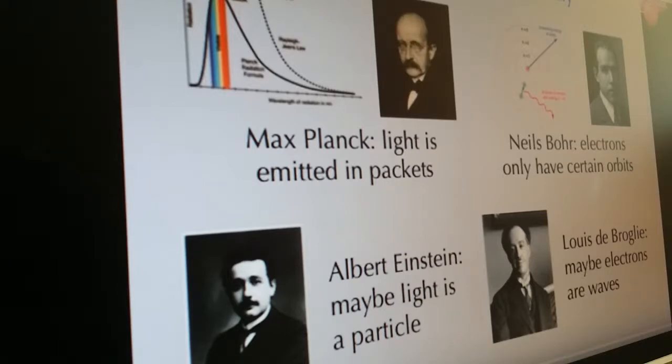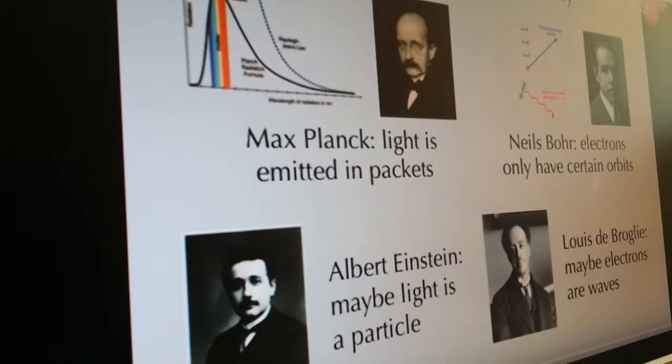So this slide is just to remind you that the crazy ideas we're going to be talking about in the rest of the talk were forced on us by trying to understand the data, okay? They're not things that we sat around in our room late at night with a few pints going, man, what if there were like a lot of universes out there, okay? We are driven to the crazy ideas I'm going to be talking about today by trying to account for what we see in nature.